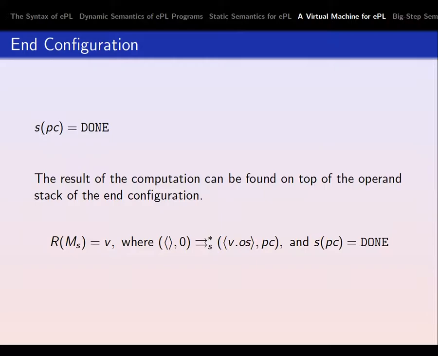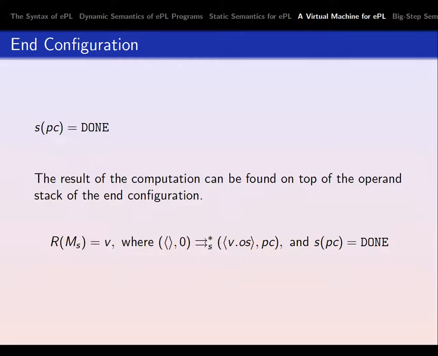So, how do we define a computation by the machine? Well, we take this one-step relation and we use the transitive and reflexive closure of it, right?